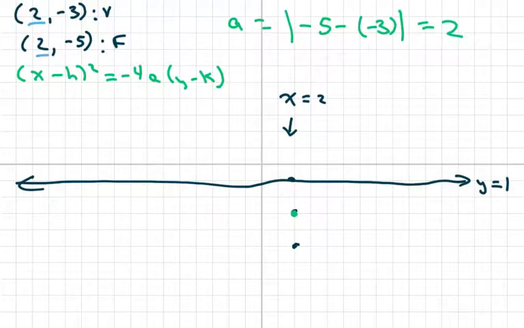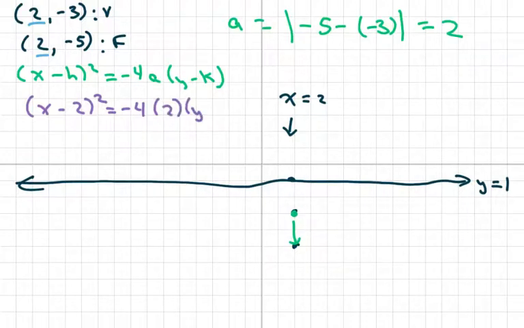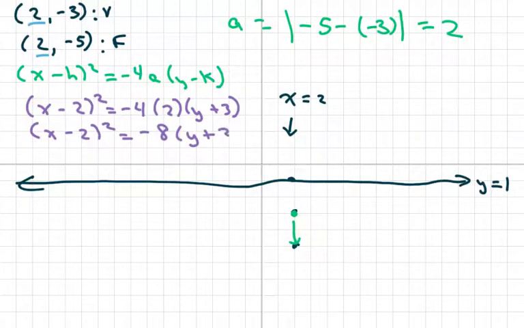We already graphed it and saw that it went down by 2. So we plug that in: x minus 2 squared equals -4 times 2, my a, times y minus my k, which is minus the -3, which is plus 3. So x minus 2 squared equals -8 times y plus 3.